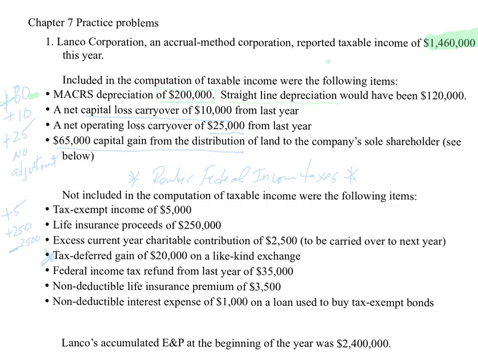All right. Federal income tax refund from last year, that is not going to be an adjustment. The reason is that they are an accrual basis taxpayer, so we do not have to make an adjustment for that item either.